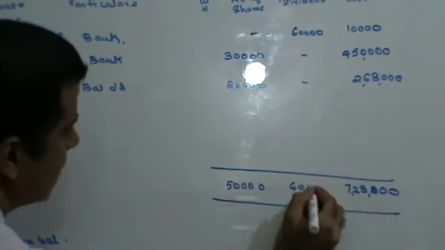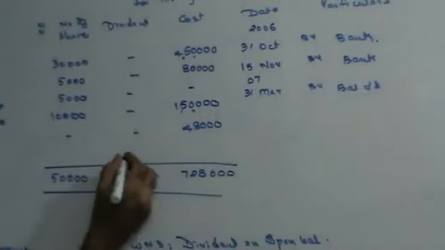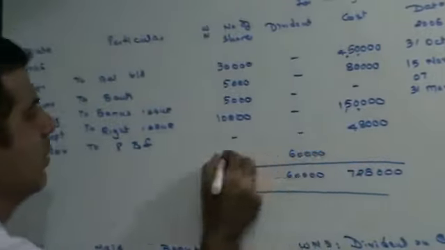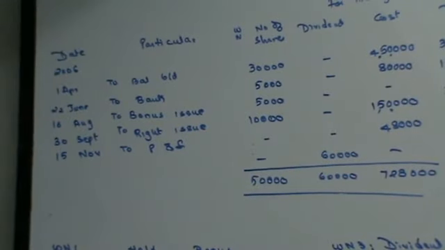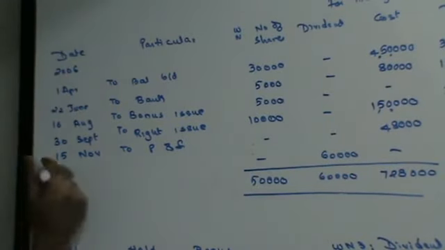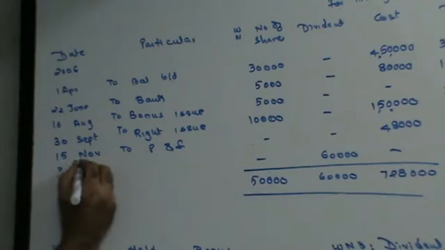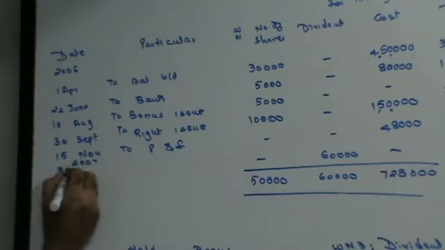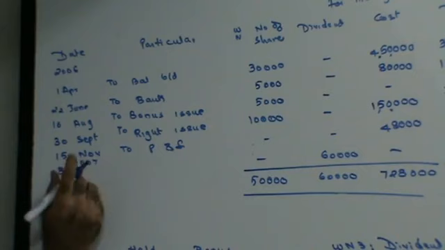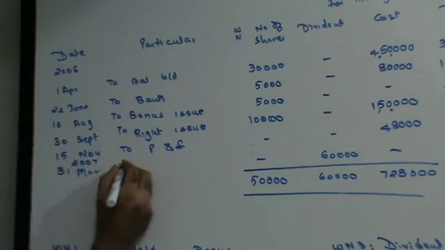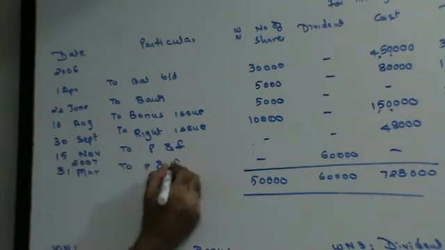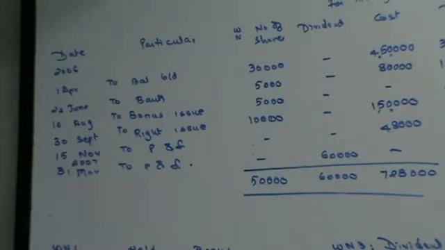So this is 60,000 here, 60,000 here, and this is going to be 60,000 here. Now this can be written as transferred to P&L on 31st March 2007. Right? That finishes that sum.